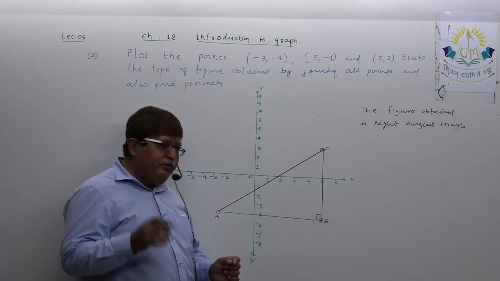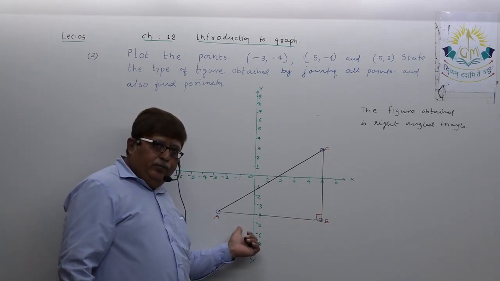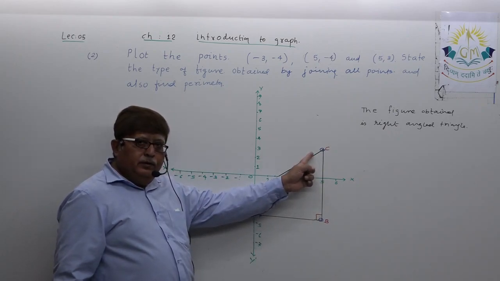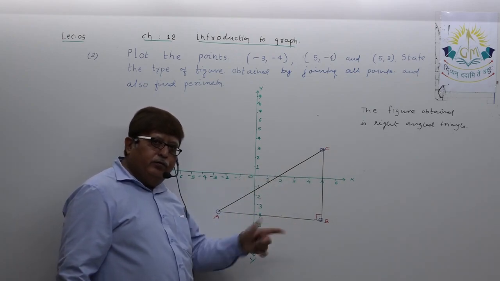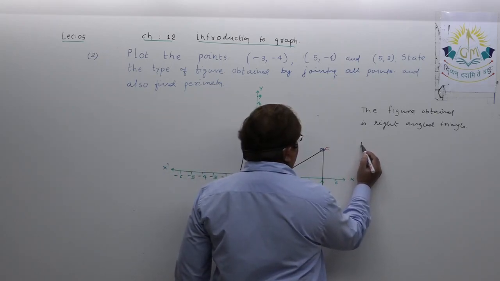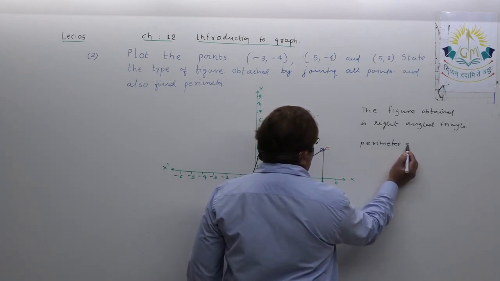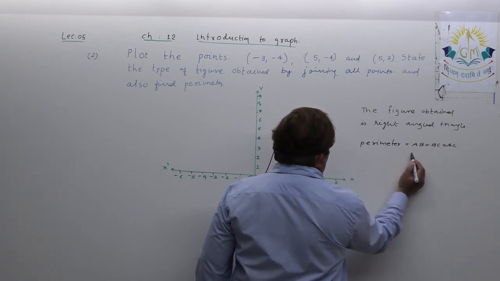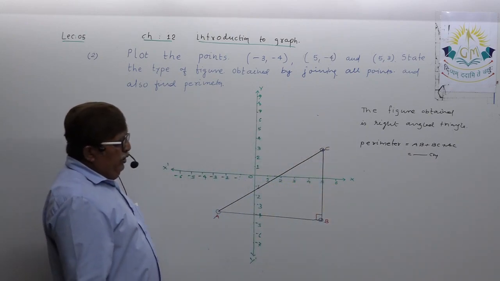So find first AB with the help of a ruler, find BC, find CA, and then add all of these. You just have to find AB plus BC plus AC. Whatever answer you get will be the perimeter.